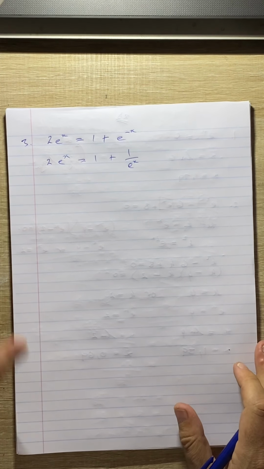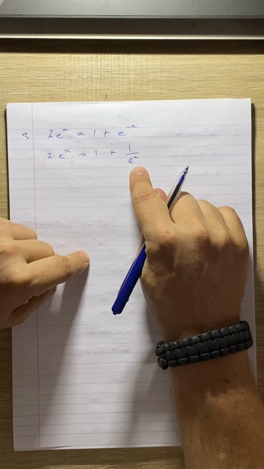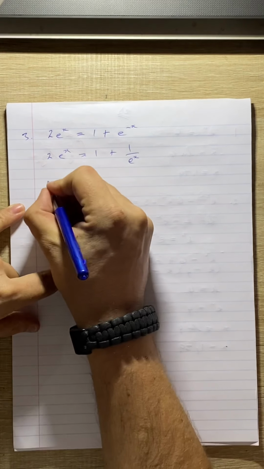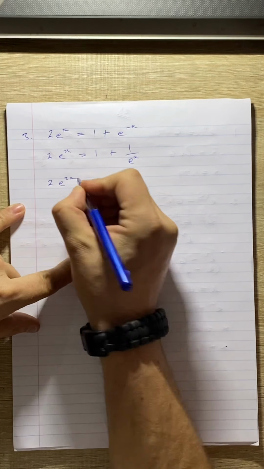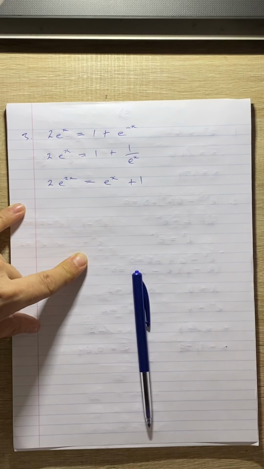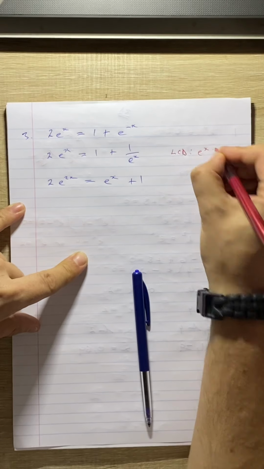Now in order to get rid of that fraction, I'm going to multiply through by e to the x. So if I multiply that by e to the x, I get 2e to the 2x equals e to the x plus 1. So basically what I did is I multiplied through by an LCD of e to the x.